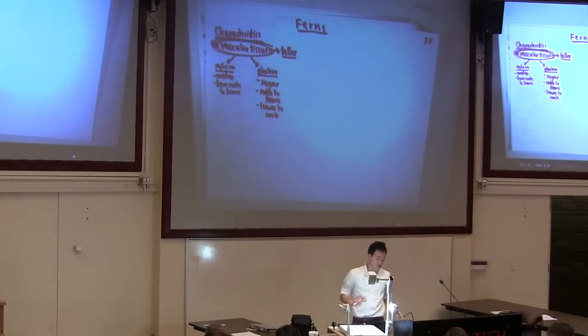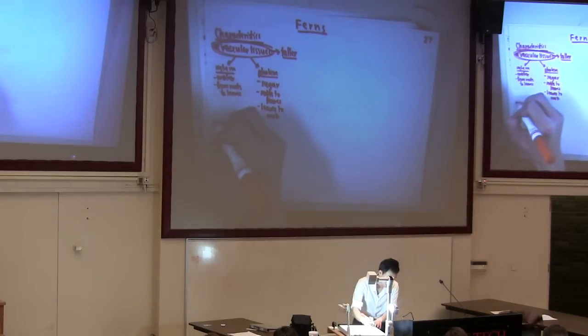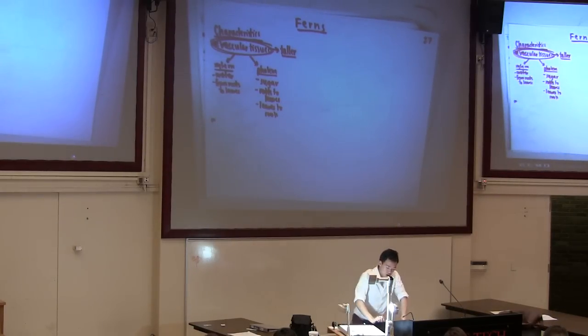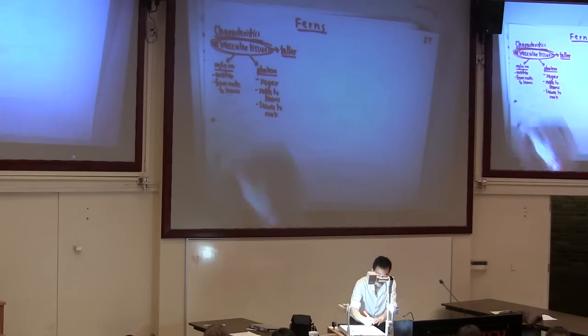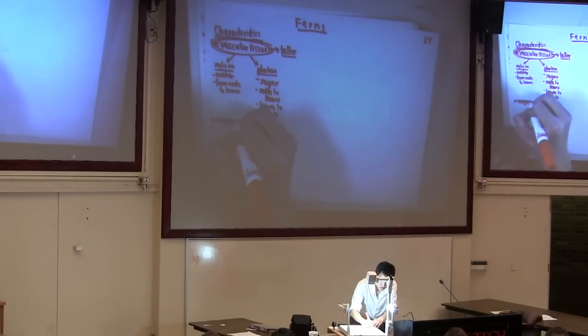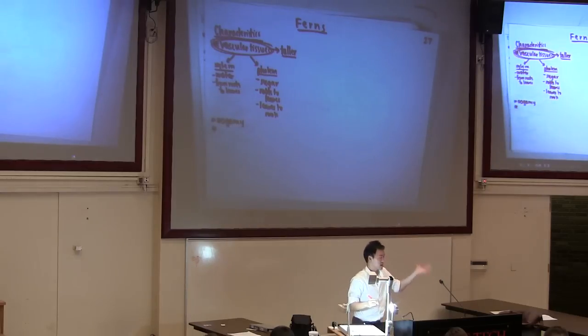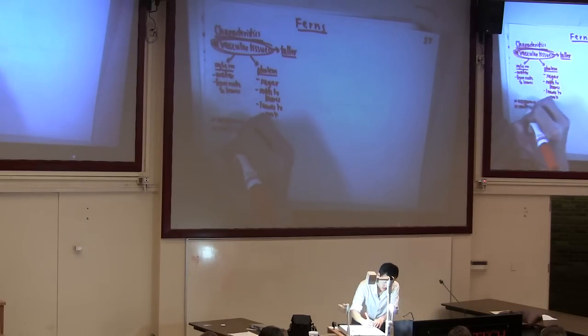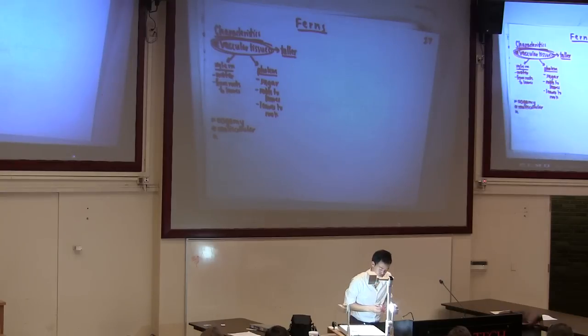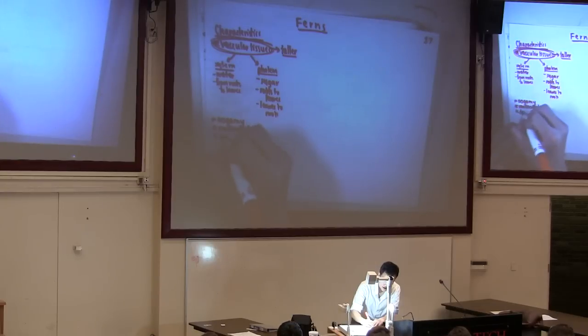Okay, what are some other features of ferns? Oogamy or isogamy? Oogamy. Multicellular or single cell? Multicellular. Diploid dominant or haploid dominant? Diploid dominant, right?